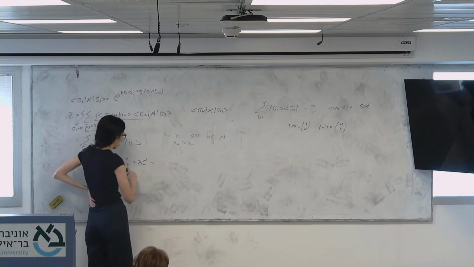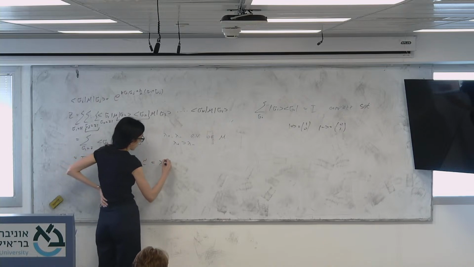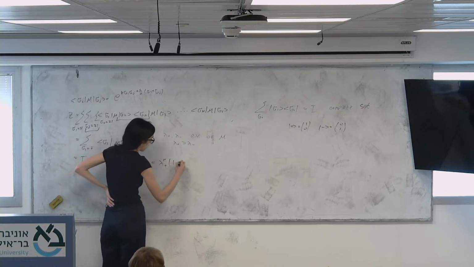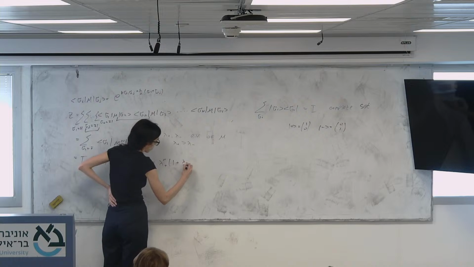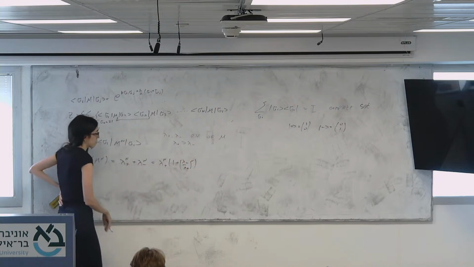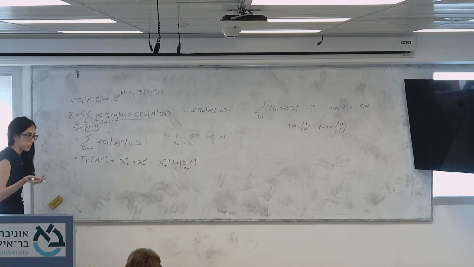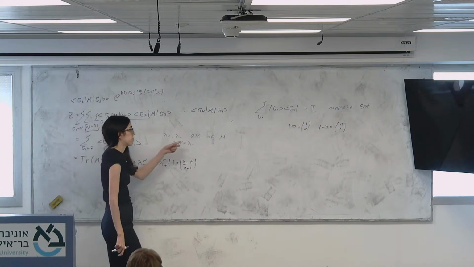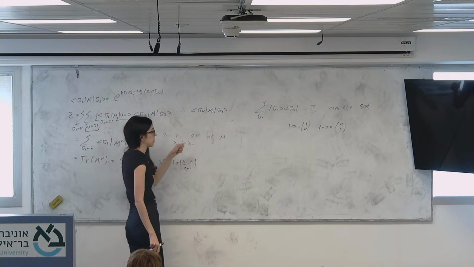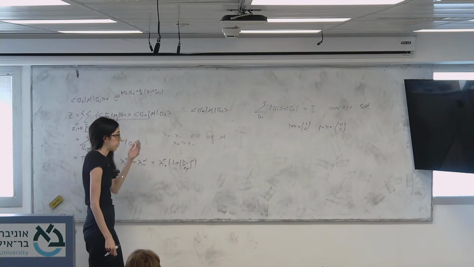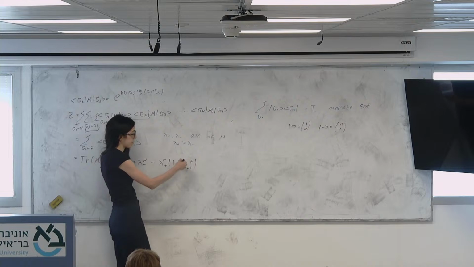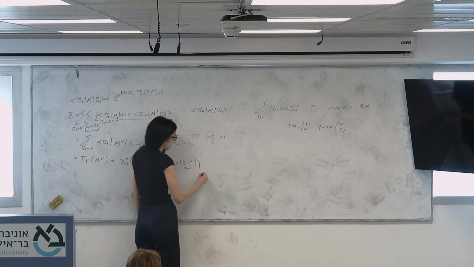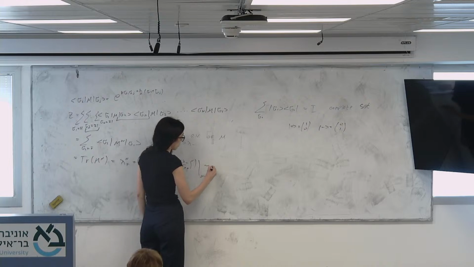So let's take lambda plus outside: lambda plus to the power n times 1 plus lambda minus over lambda plus to the power n. And because we said that n goes to infinity, even if lambda minus is only slightly smaller than lambda plus, that term is going to be negligible compared to 1. So as n goes to infinity, this will be approximately just lambda plus to the power n.